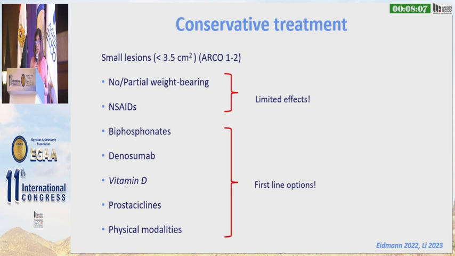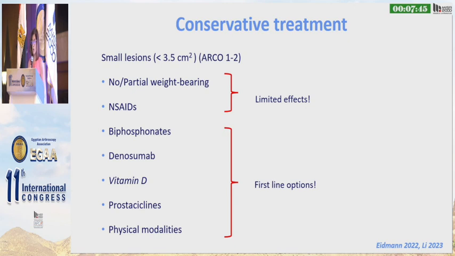But let's go step by step. So when you have a small bone marrow edema and at the beginning, ARCO stage 1 to 2, of course you can try with conservative treatments. Mainstay of the conservative treatment: no or partial weight bearing and use of anti-inflammatory drugs. Of course, they have limited effects.